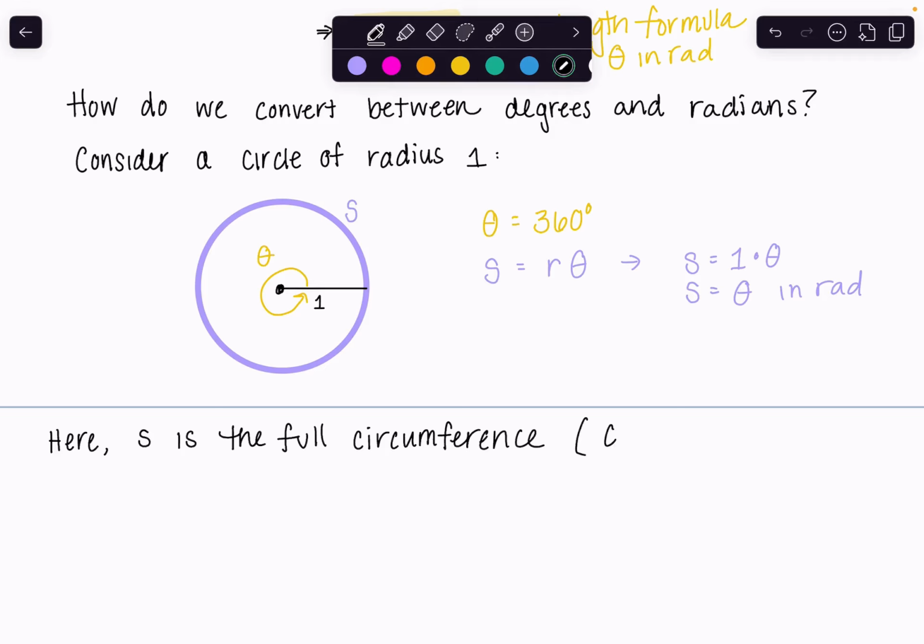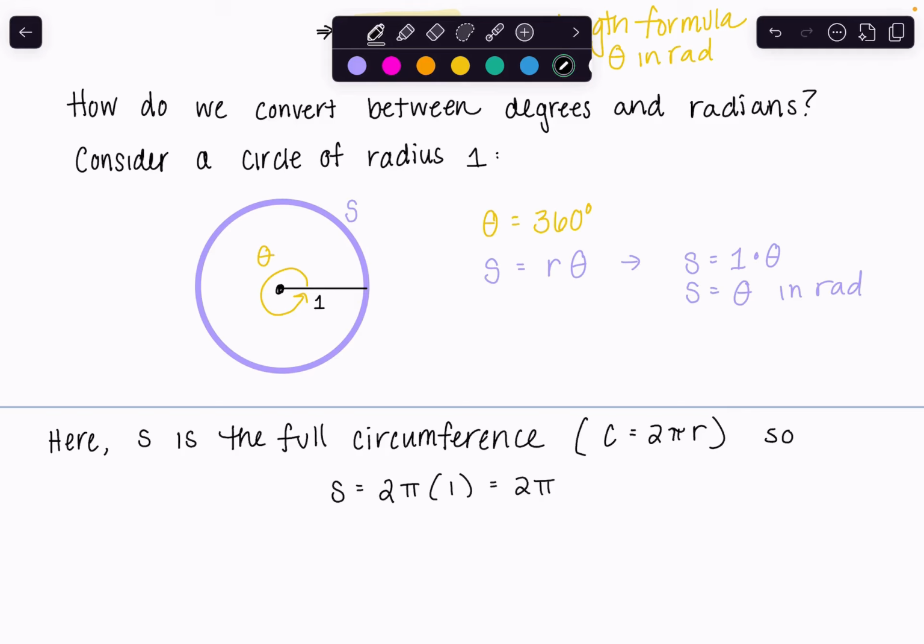And if you don't remember what that formula is, the circumference is 2 pi times the radius. So ultimately, our arc length, utilizing our basic geometry formulas, is 2 pi times r. But in this case, r is 1, so my arc length is 2 pi.